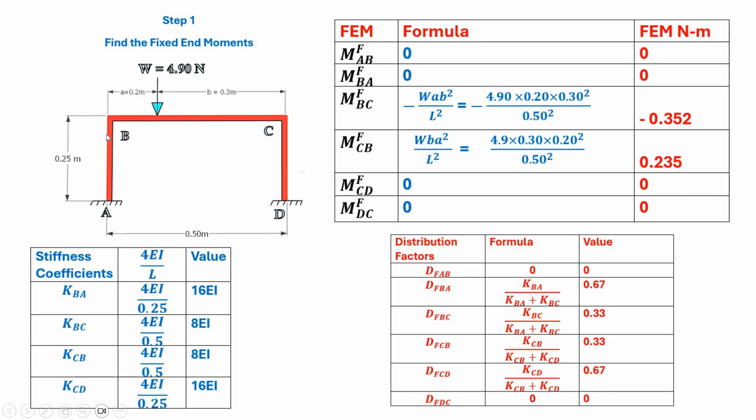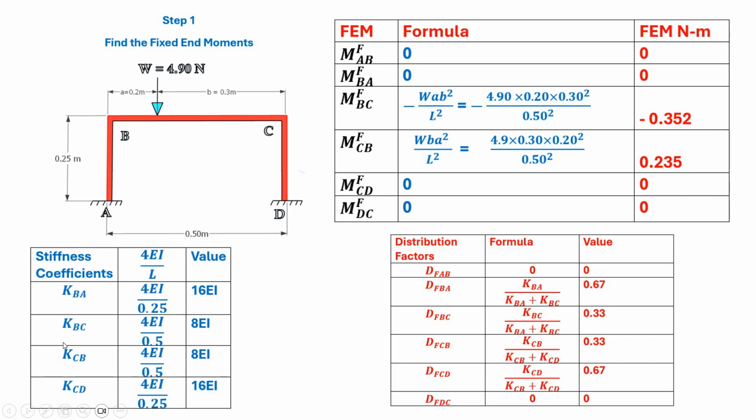Since there are no lateral loads or UDL loads on members AB and CD, we only calculate the fixed end moments for members BC and CB. Minus W A B square by L square is equal to minus 0.352 Newton meter, and similarly for fixed end moment CB we have W B A square by L square, which yields 0.235 Newton meter.